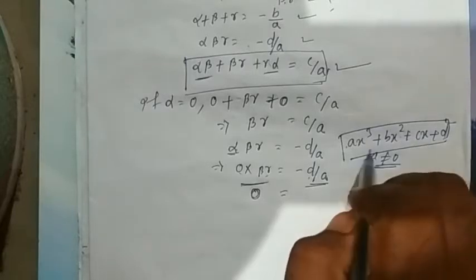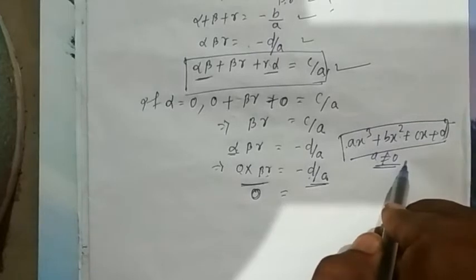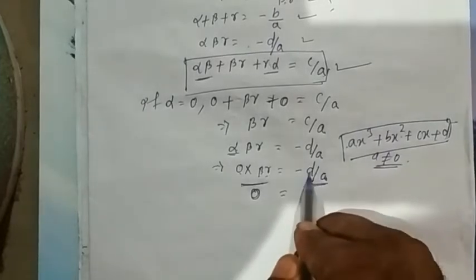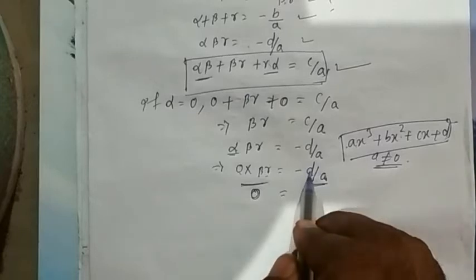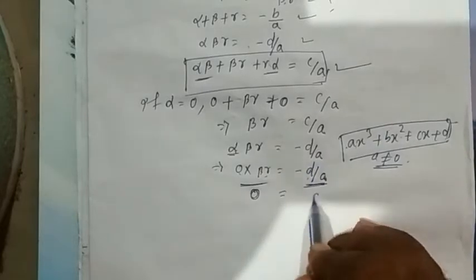But the question gives a cubic polynomial, so a cannot be equal to 0. So d can be 0, or d can be any number. If suppose d is 0, then this condition will be satisfied.